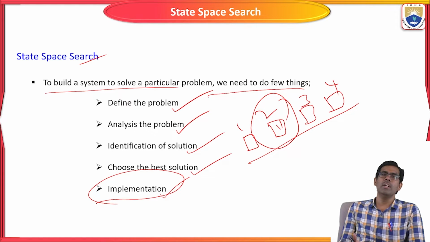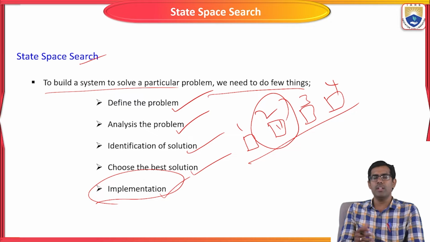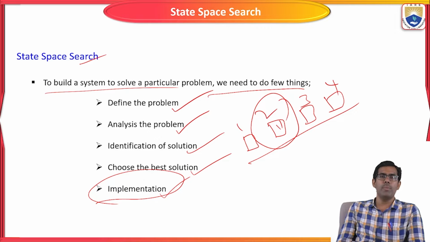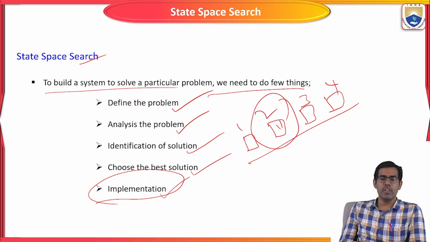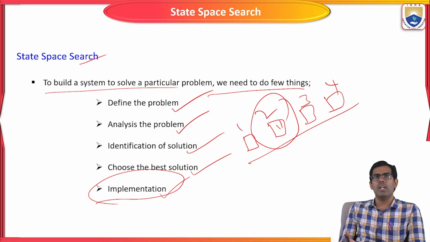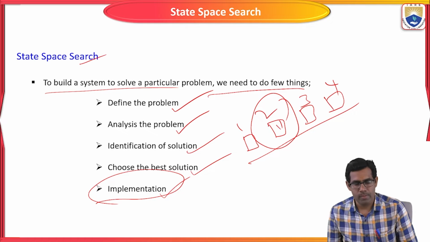Then we will see whether that algorithm or technique will produce an optimal, actual or exact solution for your problem statement. So we have to keep these things in mind before we start to build a system to solve particular problems.